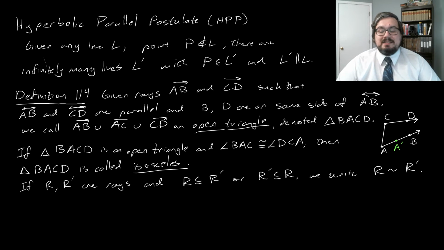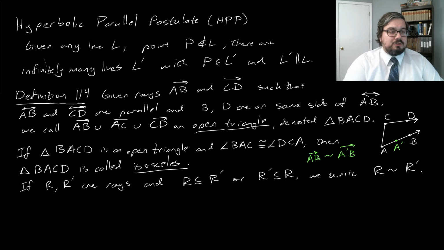So for instance, if I put the point A prime here on the diagram, then the ray AB is said to be equivalent to the ray A prime B. So as long as one is a subset of the other, then we say that the two rays are equivalent. Sort of, they point in the same direction.